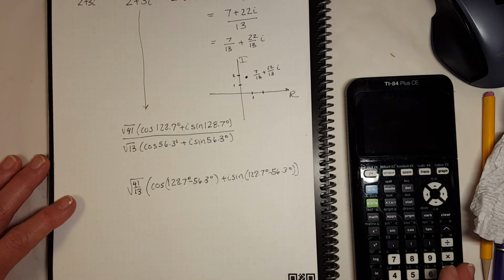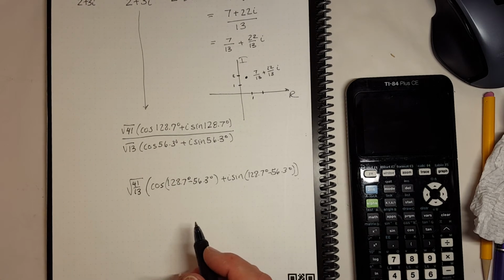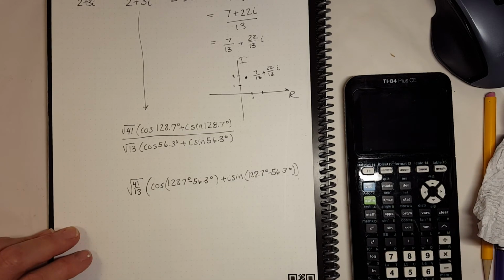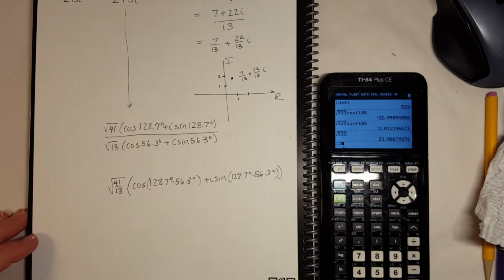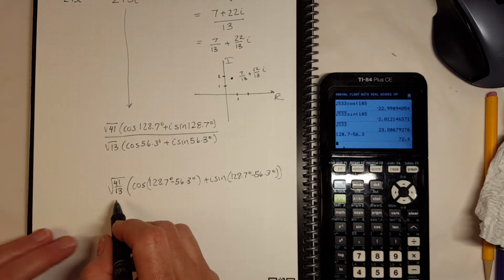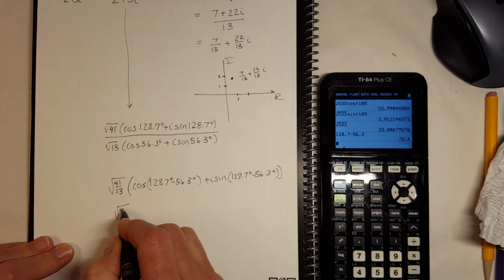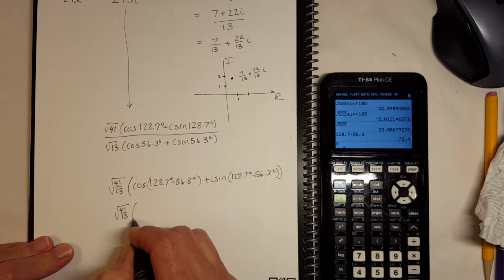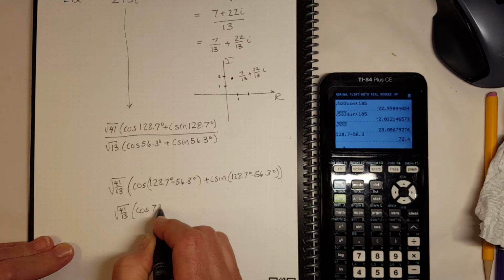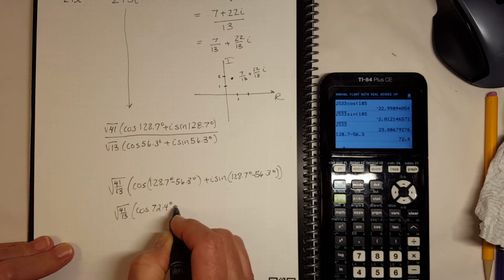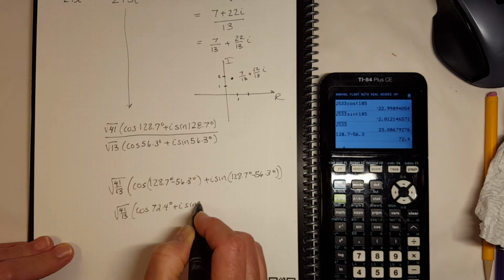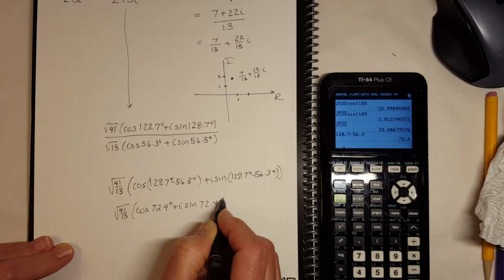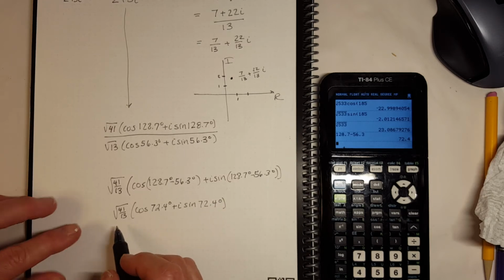Okay, and when we do that subtraction, 128.7 minus 56.3, we get 72.4. And so we have the square root of 41 over 13 times the cosine of 72.4 degrees plus i sine 72.4 degrees. Now we could rationalize the denominator.